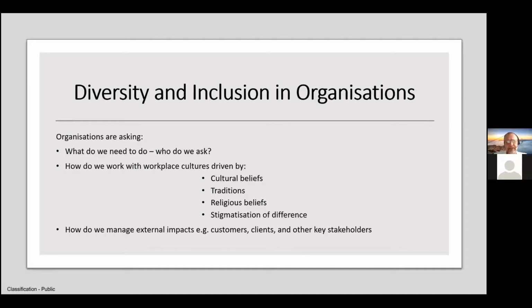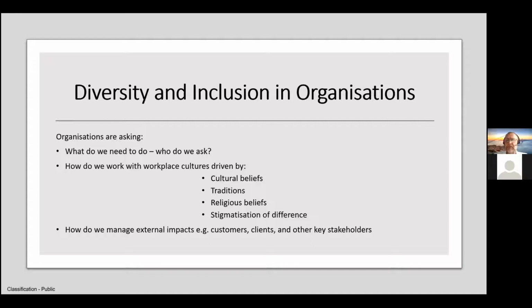And they're doing that in a situation where workplace cultures, because there is greater diversity, undoubtedly, our census figures show that there's a greater diversity, particularly in the UK, that these workplace cultures are driven and impacted by different cultural beliefs, traditions, the ways that people do things and the way people work.